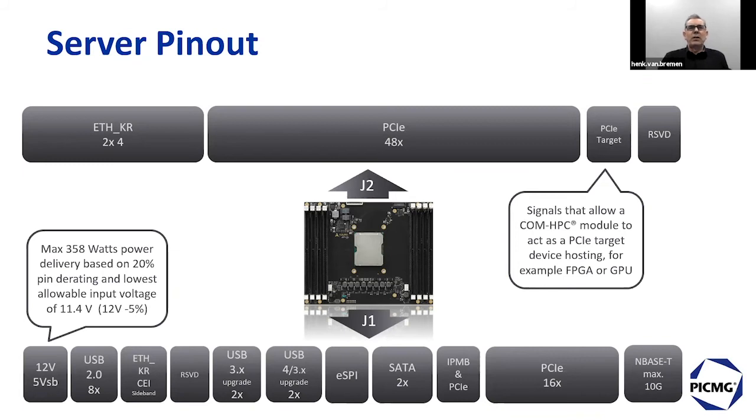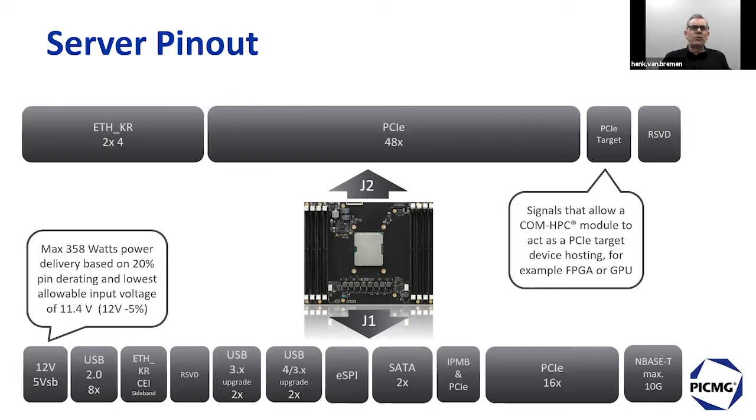Then there is a strange addition, a little bit strange because it's the first time that it has been done. It's called PCIe target. These are control signals that will allow you to make the COM-HPC into a kind of device. So I would be able to put a GPU on it and pair that COM-HPC with a server, typically hosting the COM-HPC with a SoC or a CPU on it.